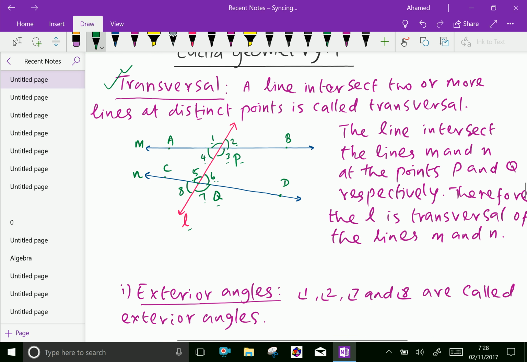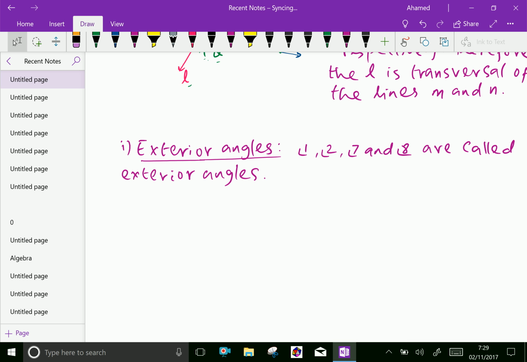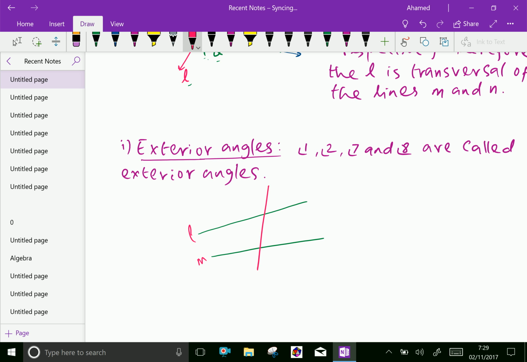Now let us talk about each type of angles. Exterior angles. The angles 1, 2 and 7 and 8 are called exterior angles, which means they are on the outer part of the two lines. Look at this figure: M and N are two lines, and this line L is a transversal.